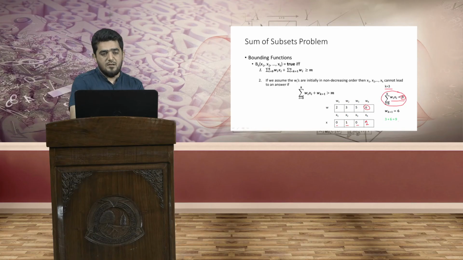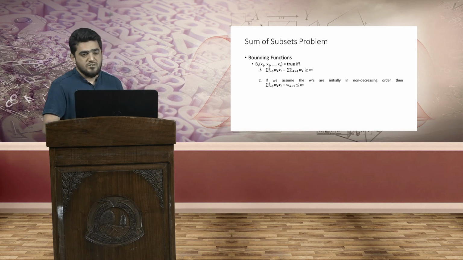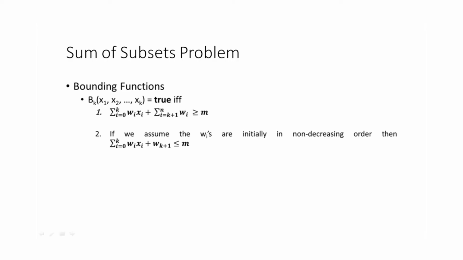So from this second case we can formulate a condition as shown on the screen. Our bounding functions are: if the sum of the weights so far plus the sum of all the remaining weights is greater than or equal to m, then it is possible that we might find a solution. Similarly, we assume that the weights are initially in non-decreasing order.